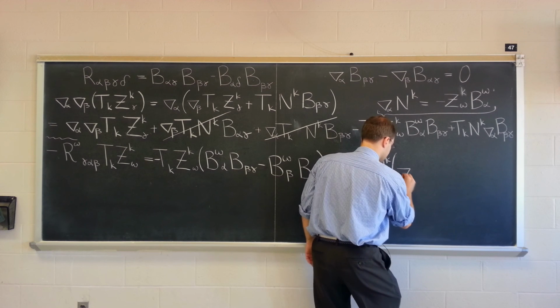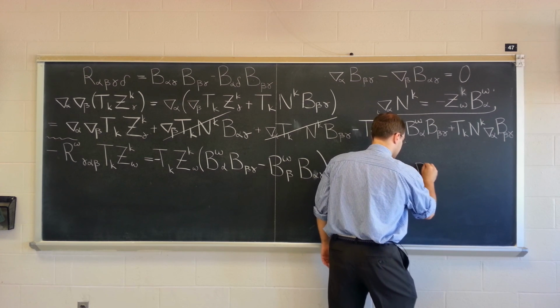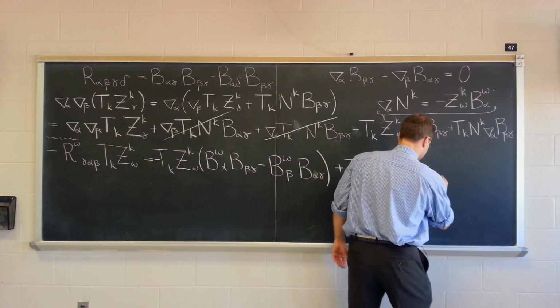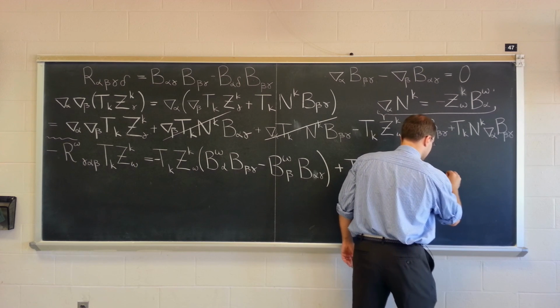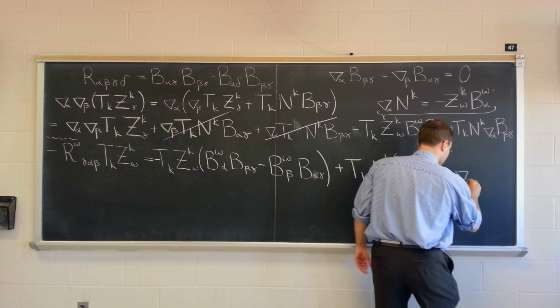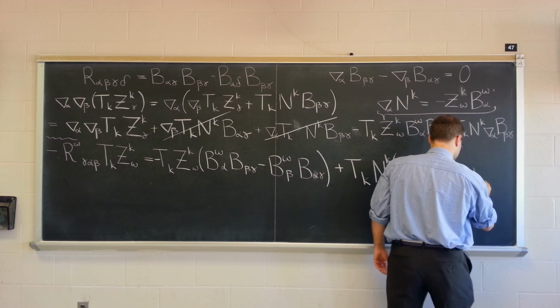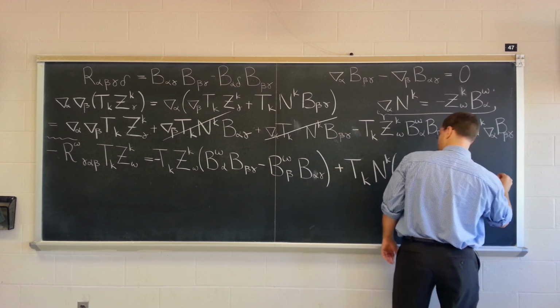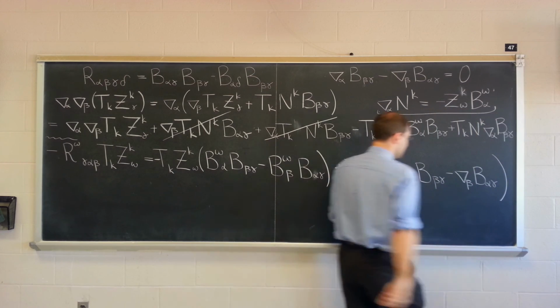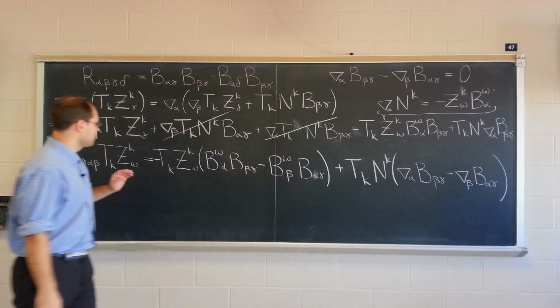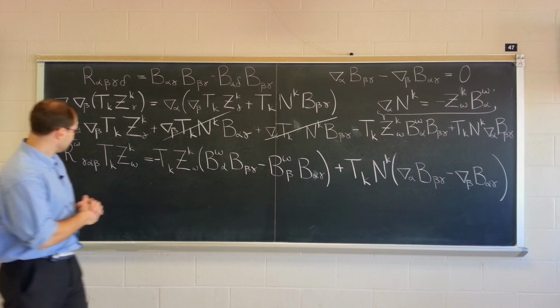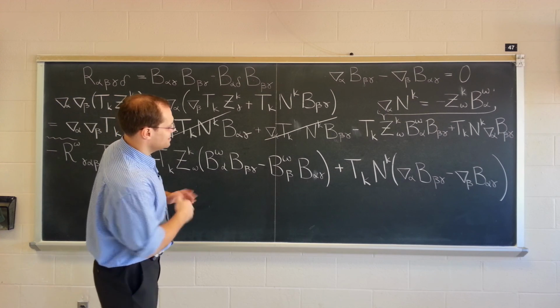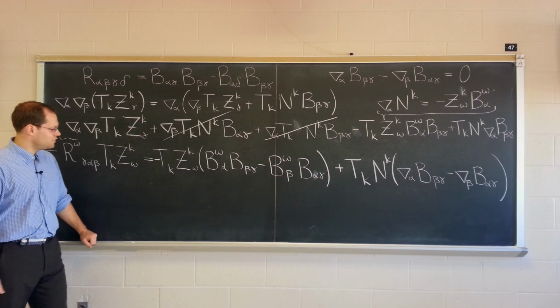So this term, B beta gamma, minus the same thing with beta and alpha switched, alpha gamma, fit perfectly. Okay, now it's kind of amazing how it worked out, that I didn't have to rename any indices so far.